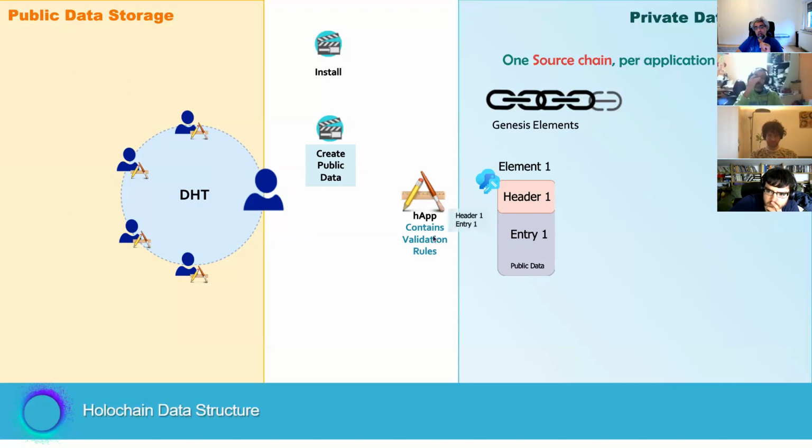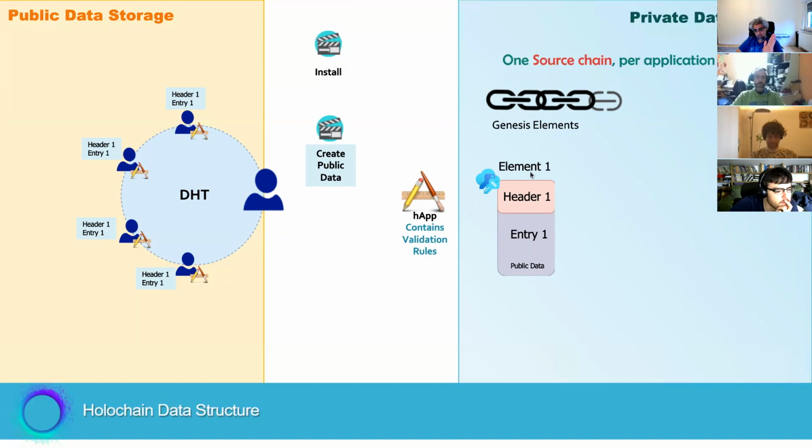And then the header and entry are going to be published to other peers inside the DHT as public data storage. These are the things happening when you create one piece of content as public content.